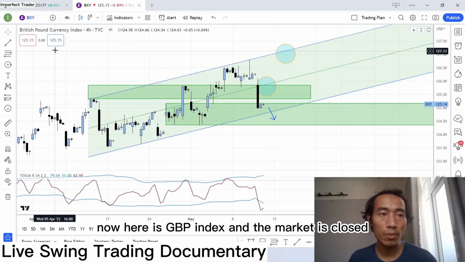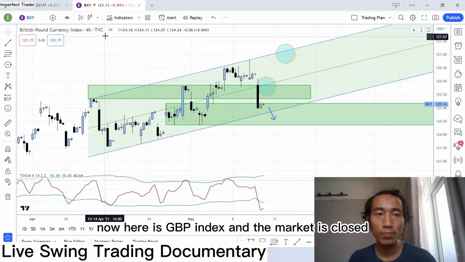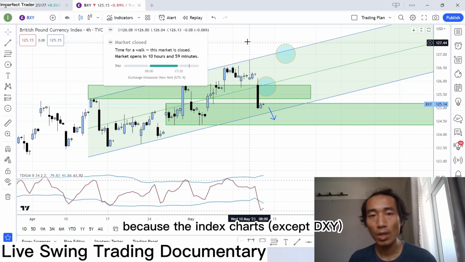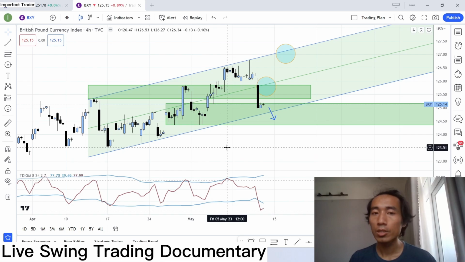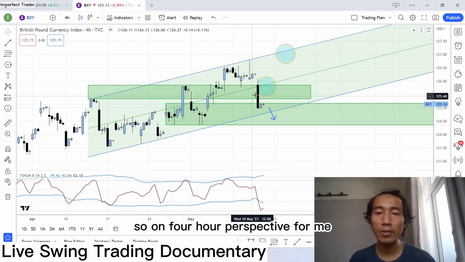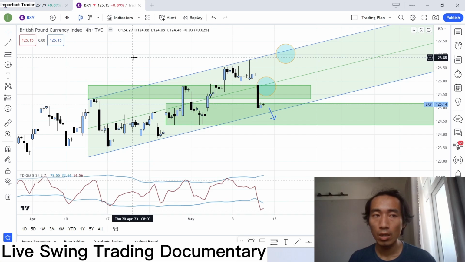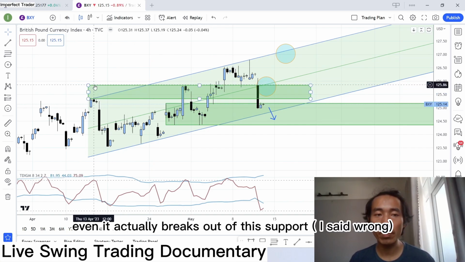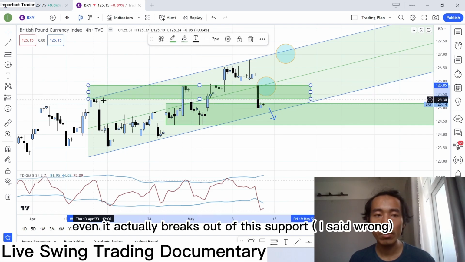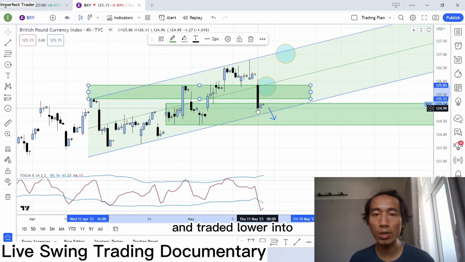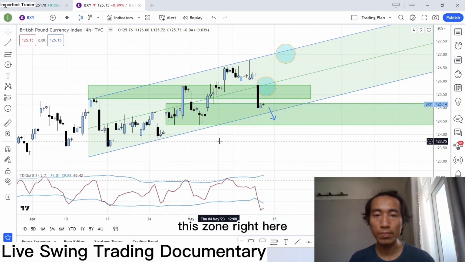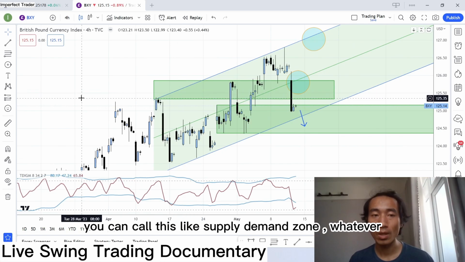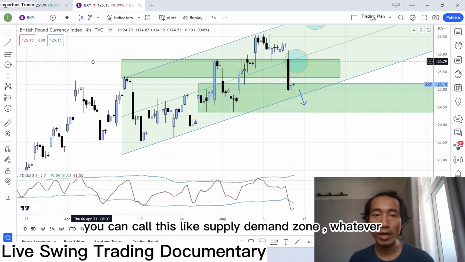Now here is British Pound Index, and the market is slow because the index chart only moves in New York session. So on 4 hour perspective, for me, GBP is still bullish. Even though it actually broke out of this resistance and traded lower into this zone right here. You can call this line a supply demand zone, whatever.